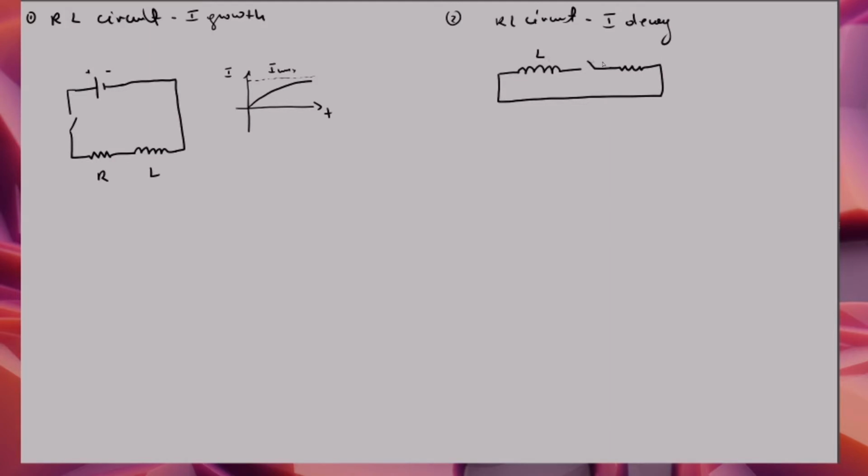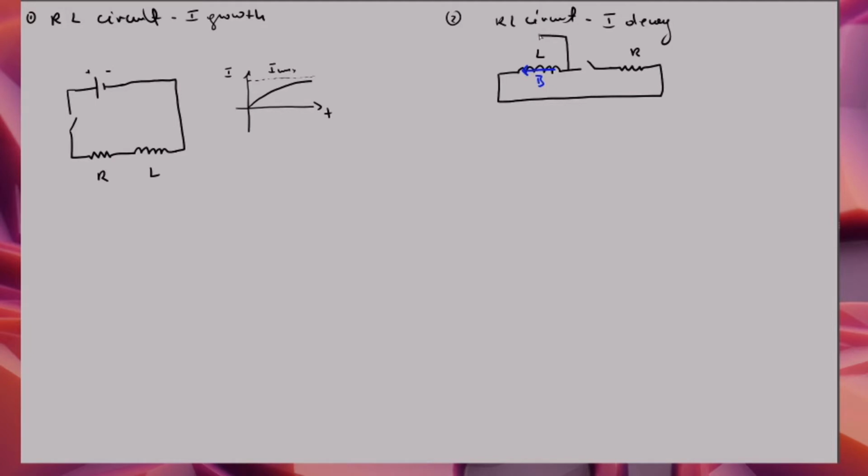So you have an inductor L and then you have a resistor R, and you start with some magnetic field present in this thing. So somehow you managed to charge, not really charge, but somehow you managed to build up a magnetic field in this inductor. And then once you have built up the magnetic field in this inductor, then maybe you do something like this. Maybe you have a battery here that runs like this.